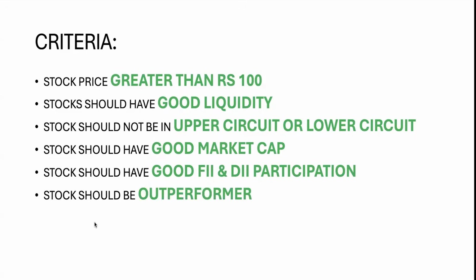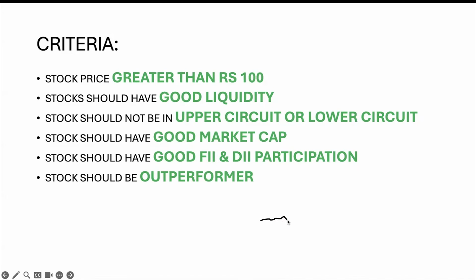And the next one is the stock should be an outperformer. What is the meaning of a stock being an outperformer? Suppose that for the last few days Nifty is trading sideways, but some stocks, even though Nifty is staying sideways, are making a bullish move. That is called outperforming.